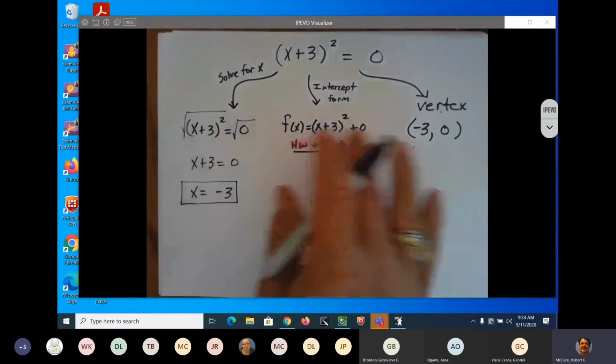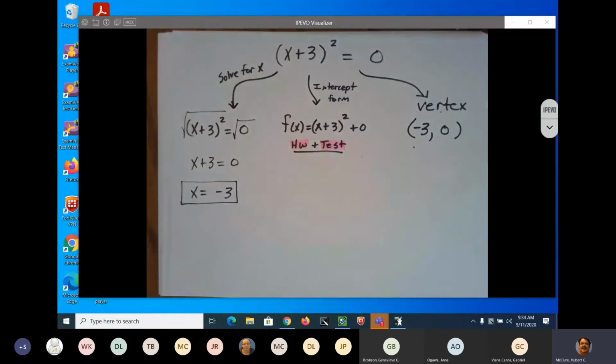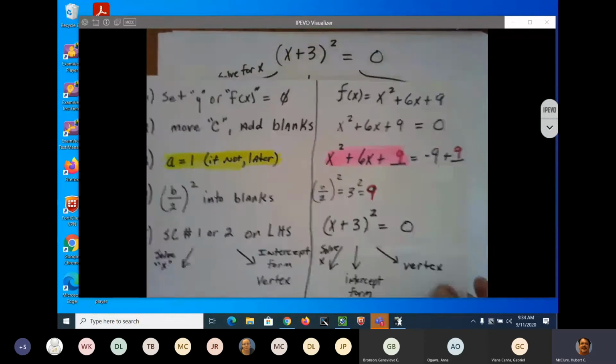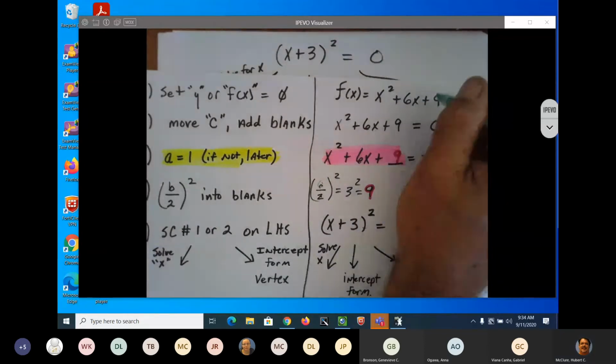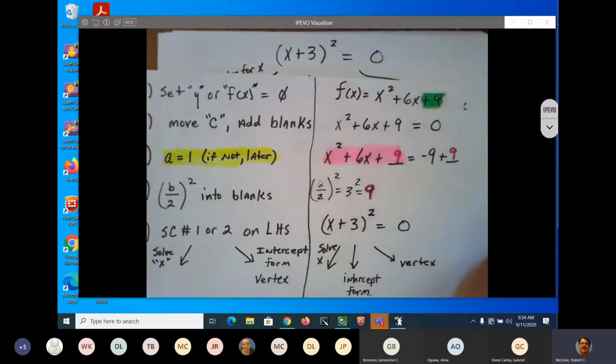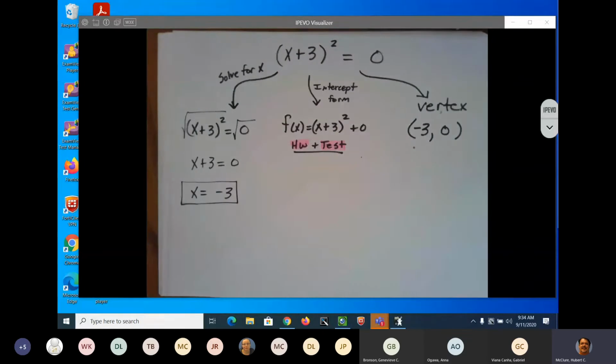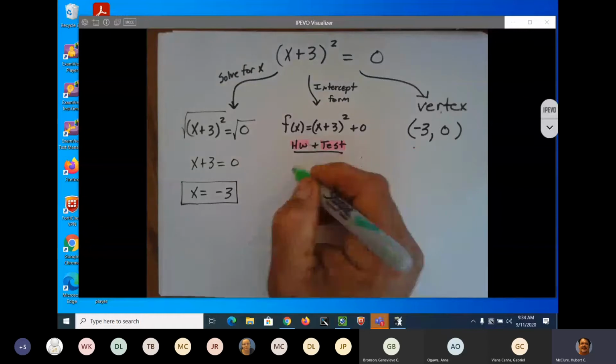Now, from this information right here, and remember, we know that the y-intercept is 9. We know that from algebra 1 and 2. Okay, so let's write down our information in green. I'm going to use this light green because dark green looks like black.